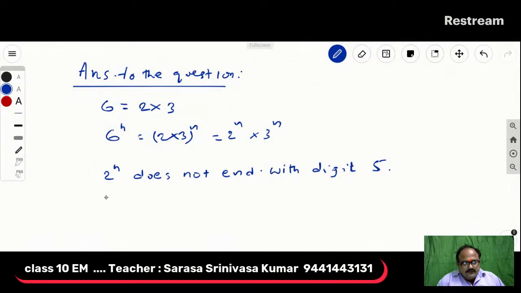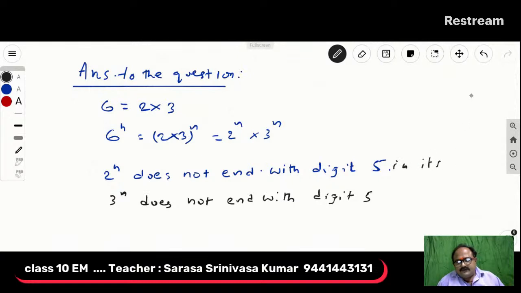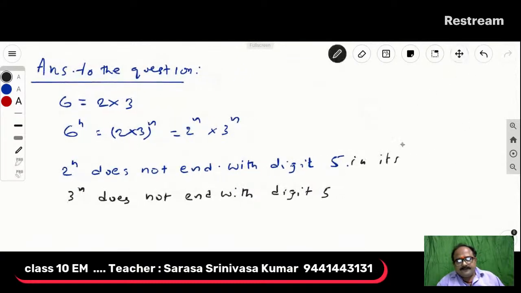and also 3 to the power of n does not end with digit 5 in its units place.